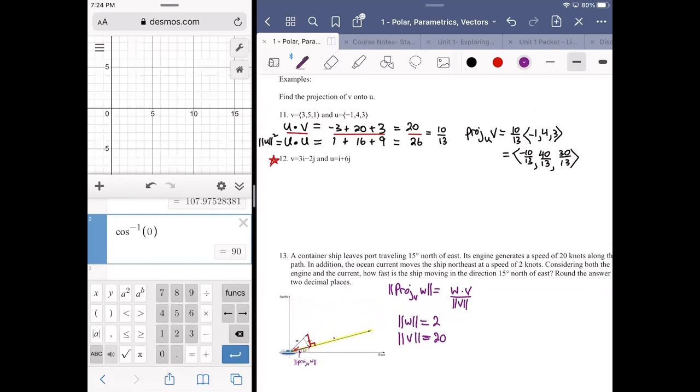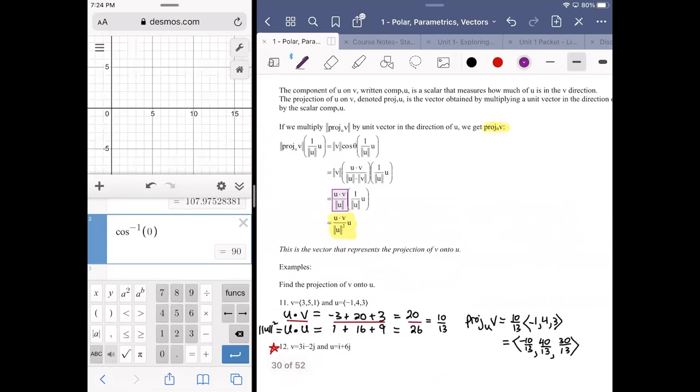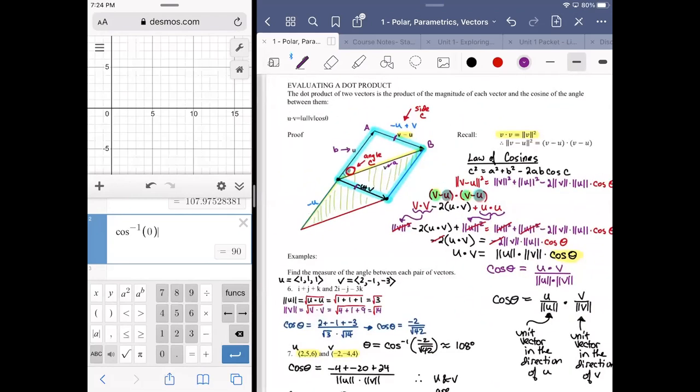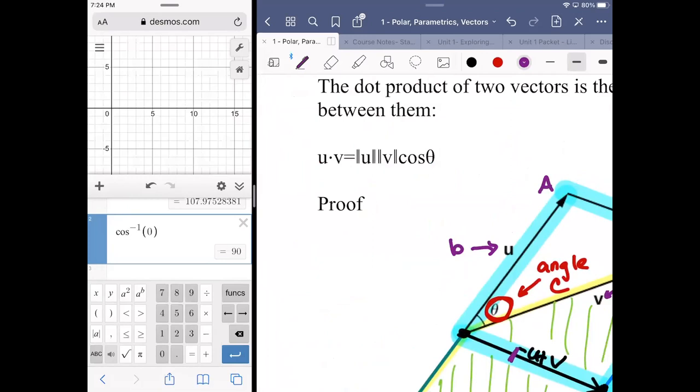But if you think back, we can look here. I can kind of steal it out for you, but you could also just go back to the work we did 2 pages ago, which is the alternate rule for the dot product, this guy. U dot V is the same as the magnitudes multiplied by the cosine. All right.